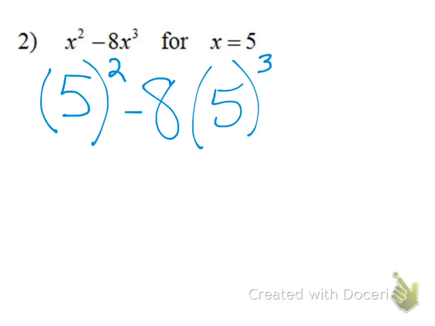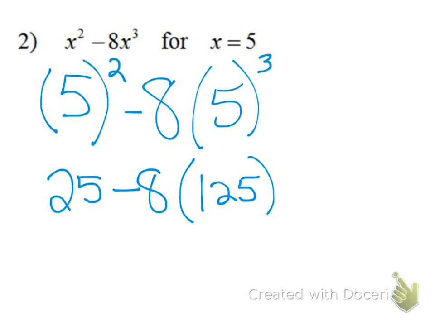So what is 5 to the second power? 25 minus 8 times, what is 5 to the third power? 125. Good. What would I do next? Yeah, multiply by the 8. So what is the 25, you leave it alone.